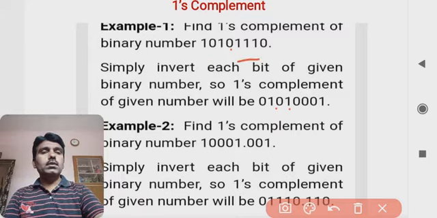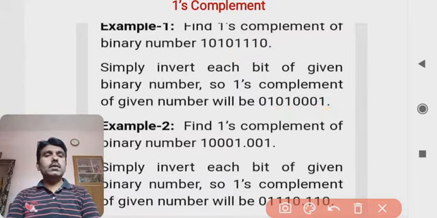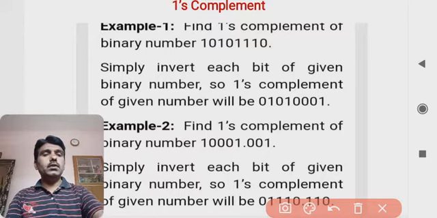Again for the three 1s it is three 0s, and for the last 0 it is 1. So the inverse of this is the complement of that number, the one's complement.